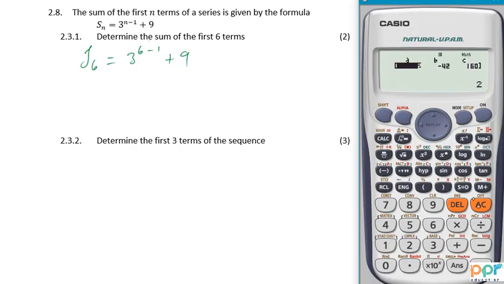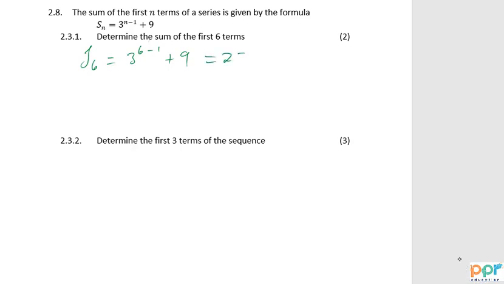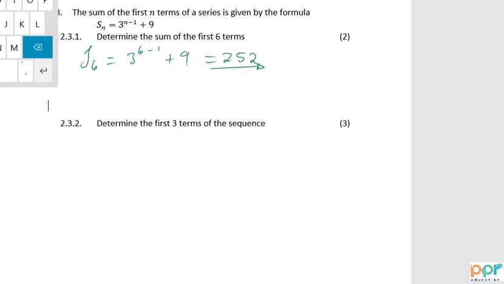Then we just need to put them on the calculator. 3 to the power 6 minus 1 plus 9. Then your final answer is 252. Questions?